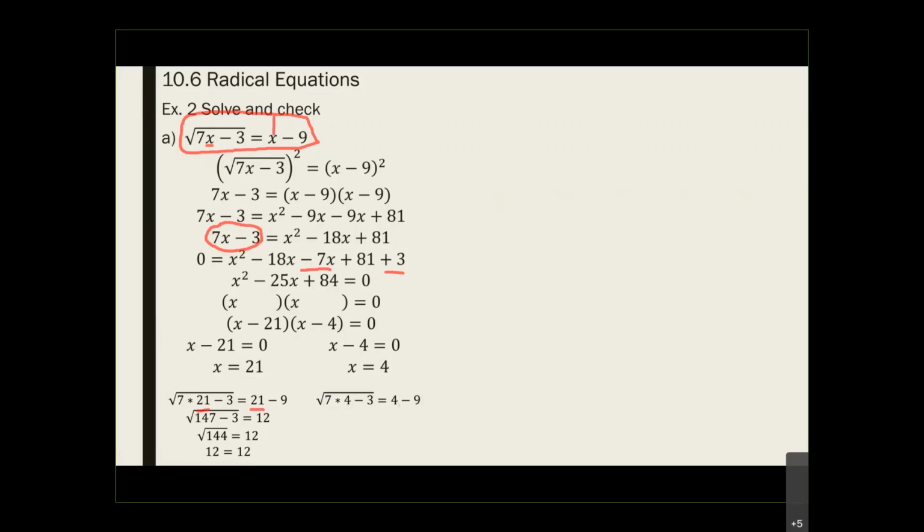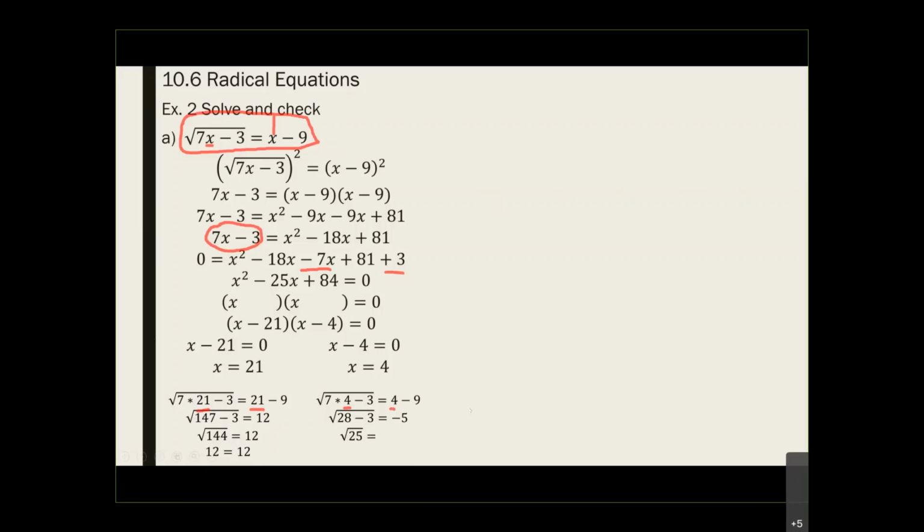If you plug in 4 into your x, once again my x is this item right here. I plug in 4 here and I plug in 4 here. 7 times 4 is 28. 28 minus 3 gives me 25.